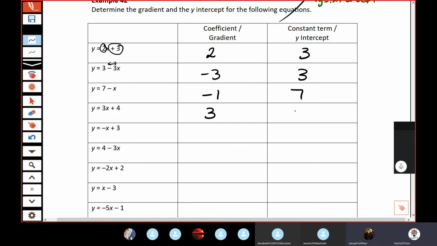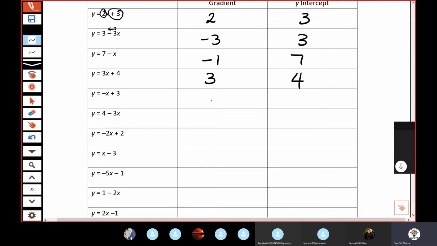And then y-intercept? 4. Too easy. Jamie, next one. What's the number that's in front of the x? Negative what? 1. Beautiful. And then y-intercept? 3. Too easy. It looks like we're getting these.